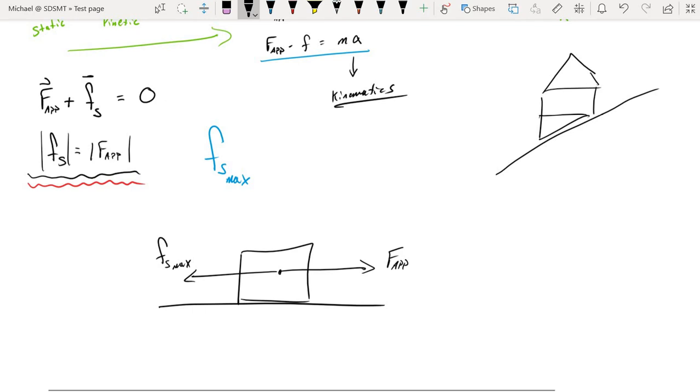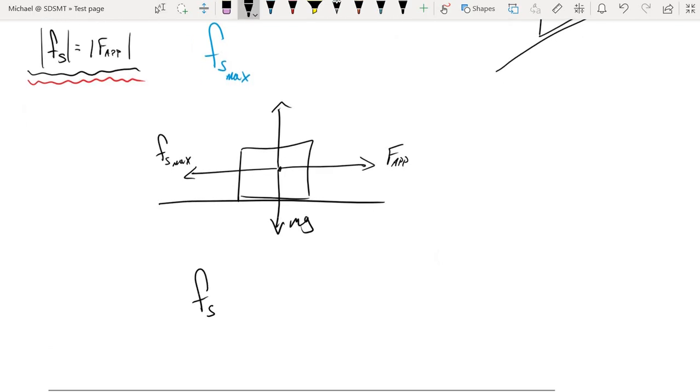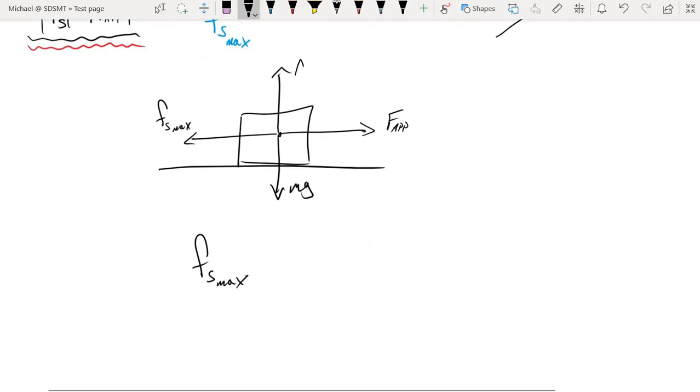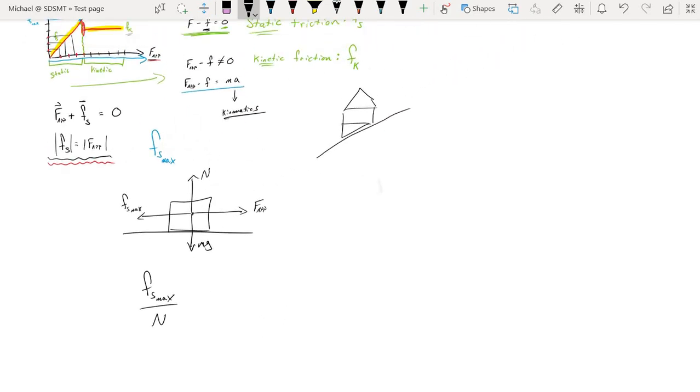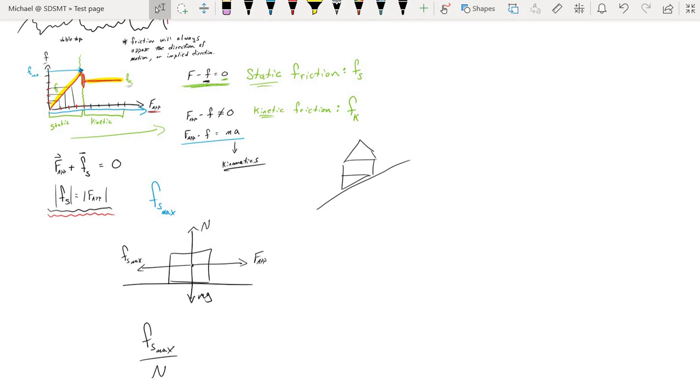And it turns out that there is a ratio that exists between our maximum static friction force and the normal force. Back in Chapter 5, I kept reminding you to go through your sum of forces and take the time to solve for the normal force, because eventually we're going to need to know what that normal force is. And today is the day.